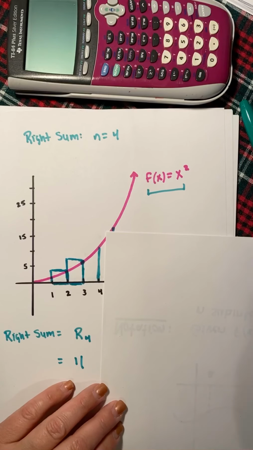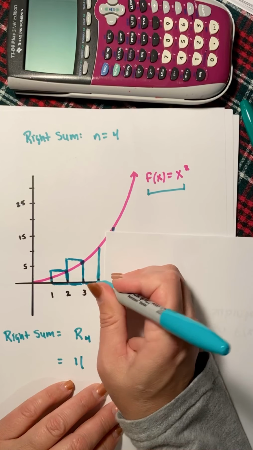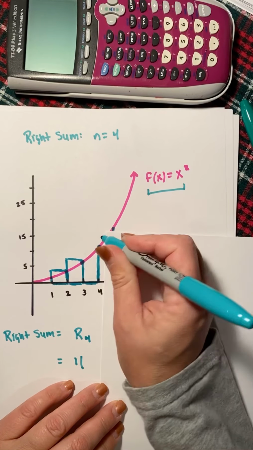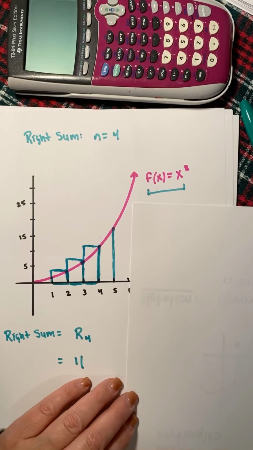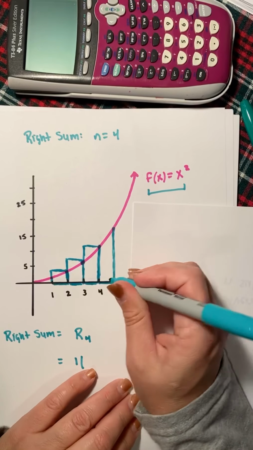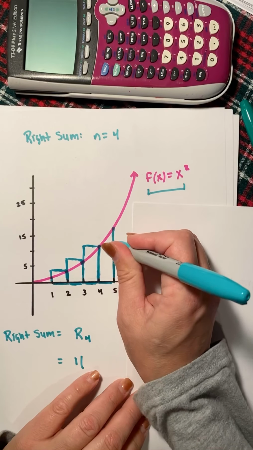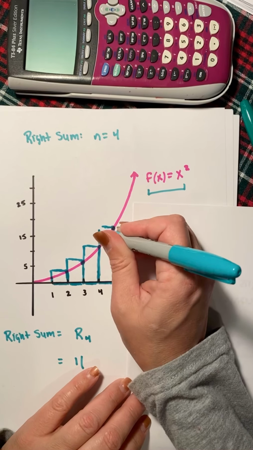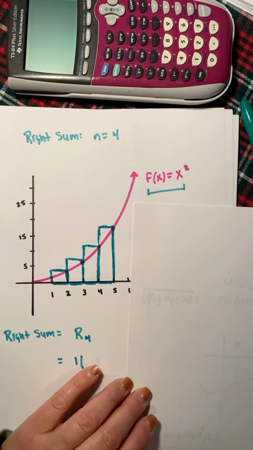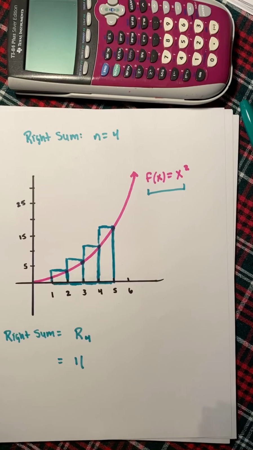So forth and so on. So this would be my third base, go up the right side. This would be my third rectangle. So notice when I do right sums, I go up the right side of the interval where that meets the curve, and then I head left until I'm 1 unit over. So that's what my right sum would look like.